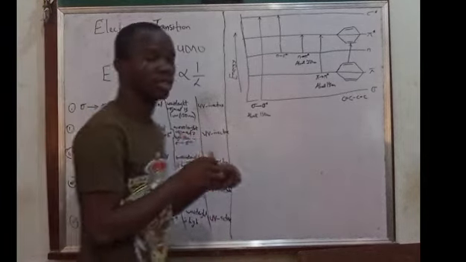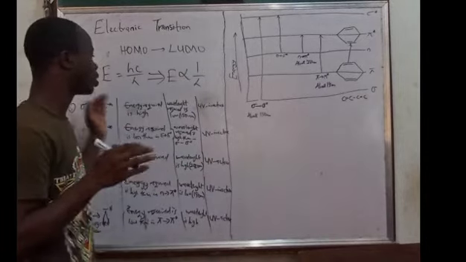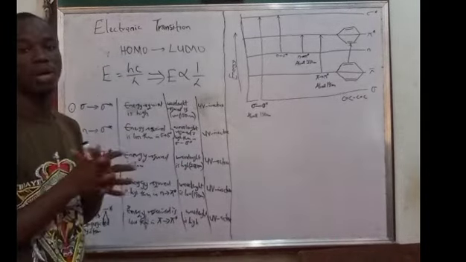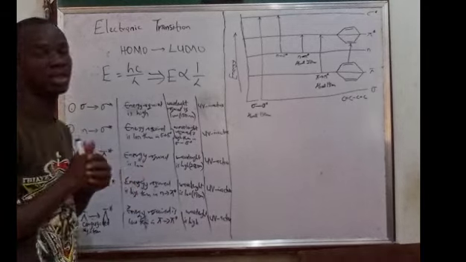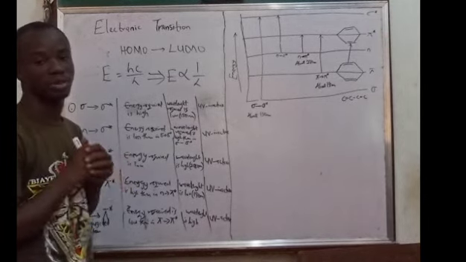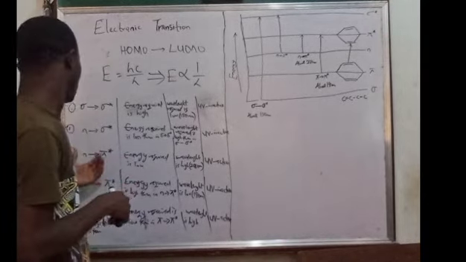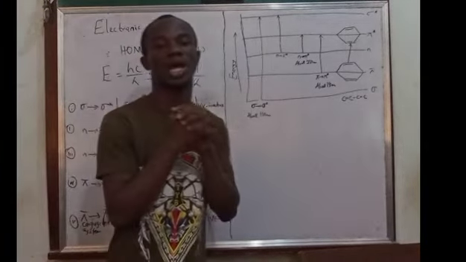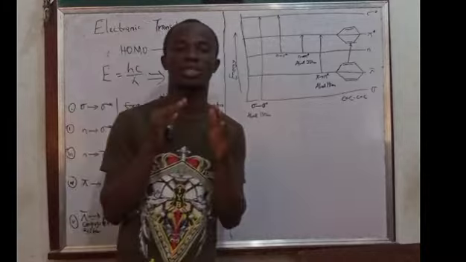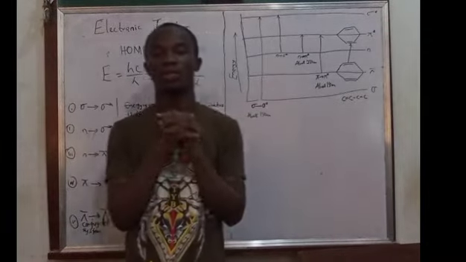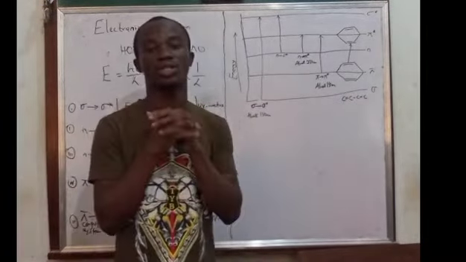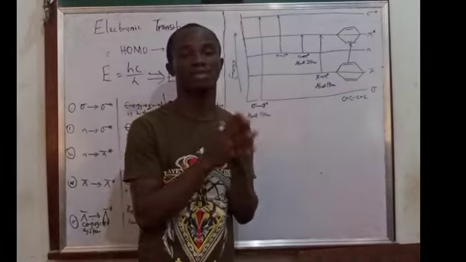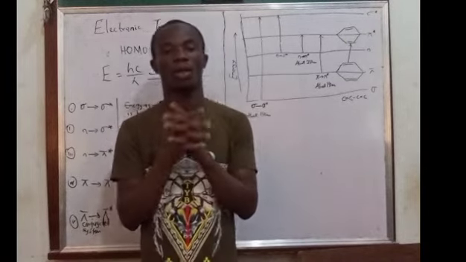So from all of these things that we have said so far, it implies that the sigma to sigma antibonding transition, the non-bonding molecular orbital to sigma antibonding transition, and the pi to pi antibonding transitions are not UV active, because the wavelength of light that is required for that transition does not fall into the UV region, which I've said starts from 200 to 400.